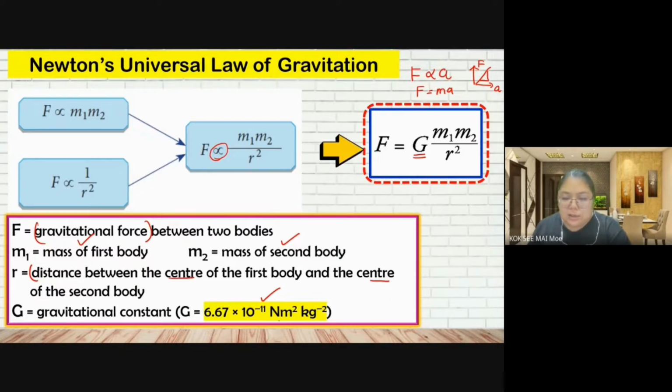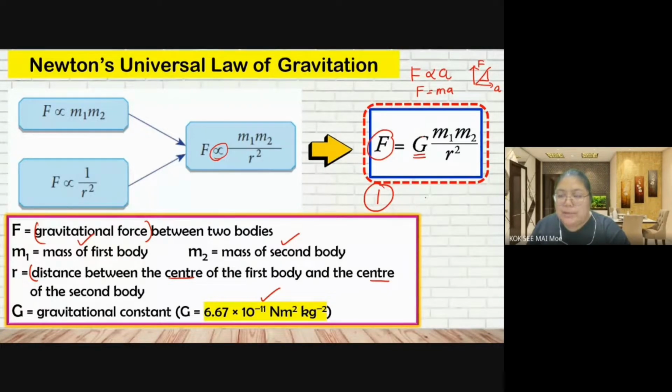Then this one is the unit: Newton meter square per kilogram square. So remember, this one is the gravitational force. We're using the universal law of gravitation. So F equals G, the constant value, M1 M2 over R square. This is the first formula to show you gravitational force.